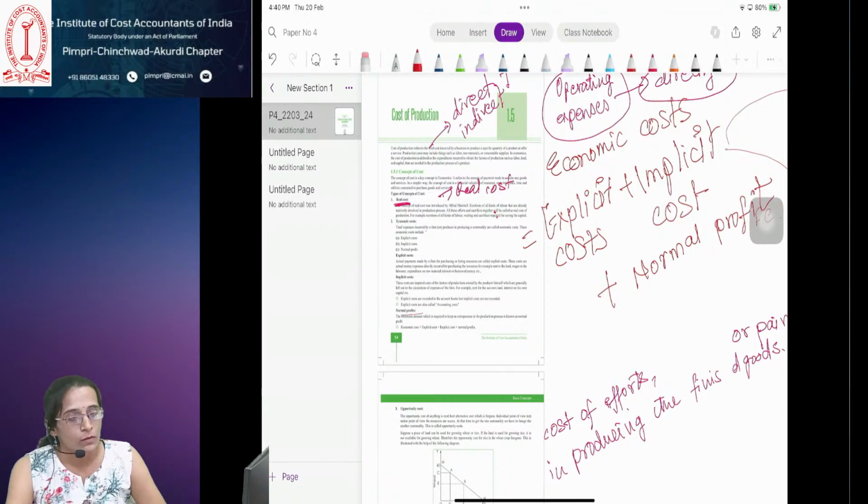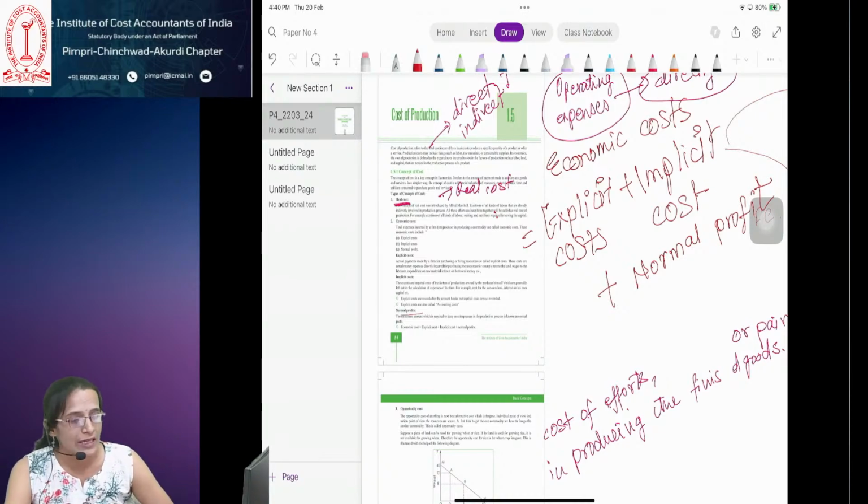Like the cost of raw material, it is an explicit cost directly related to production and the payment we make. Next, salary to the laborer is an explicit cost. Another is rent of the land that we have taken to produce the finished goods.